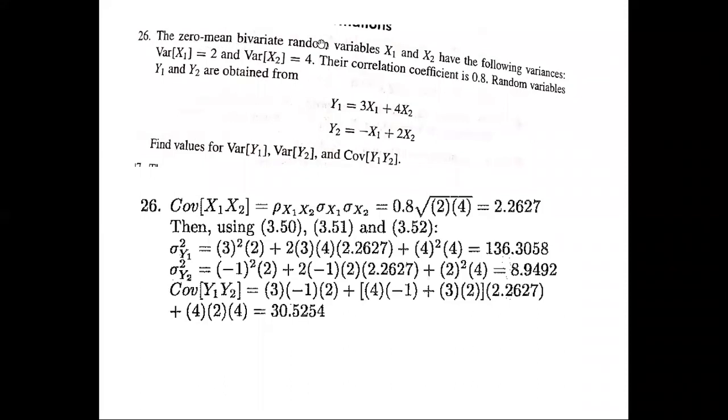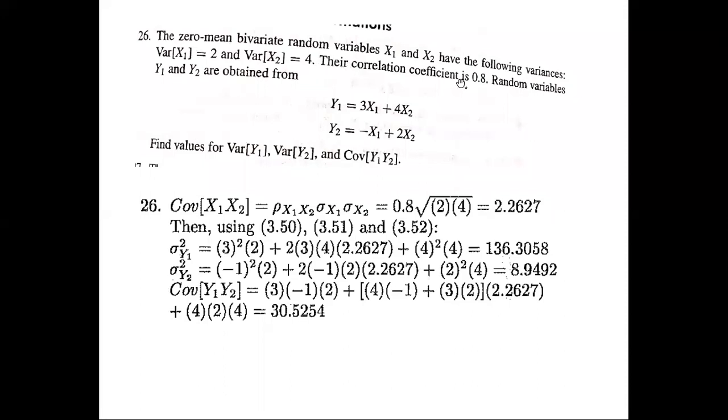We have a zero mean bivariate random variable x1, x2, that is mu x1 and mu x2 both equal to 0, with variances sigma x1 squared equal to 2 and sigma x2 squared equal to 4. So sigma x1 will be root 2, and sigma x2 will be root 4, that is 2.